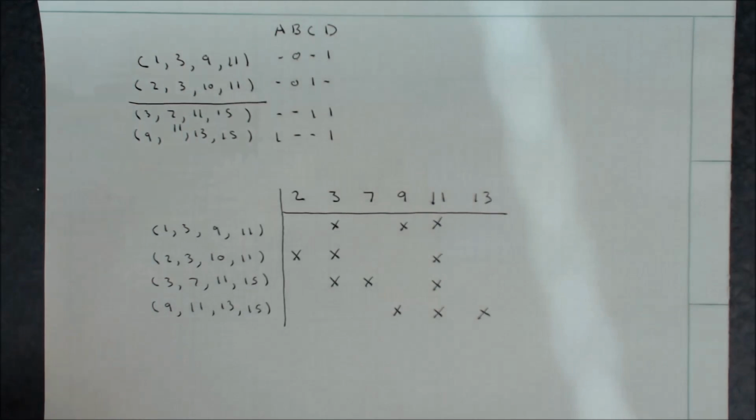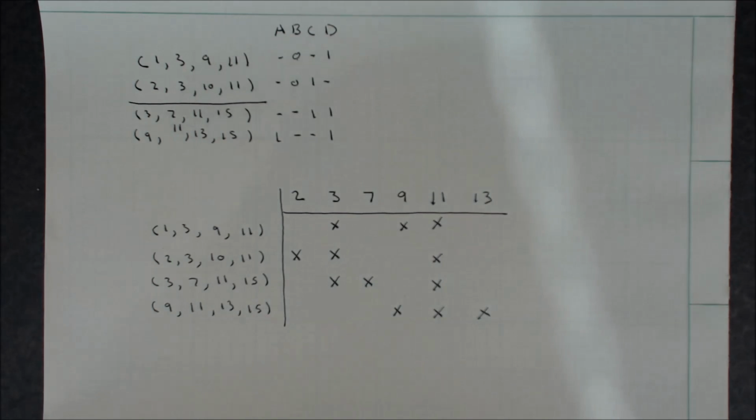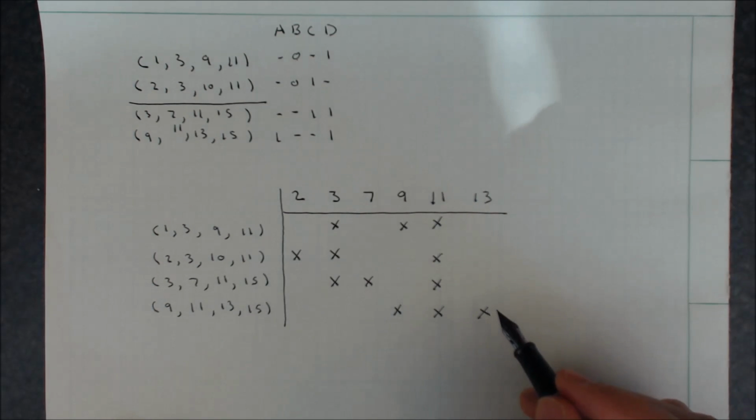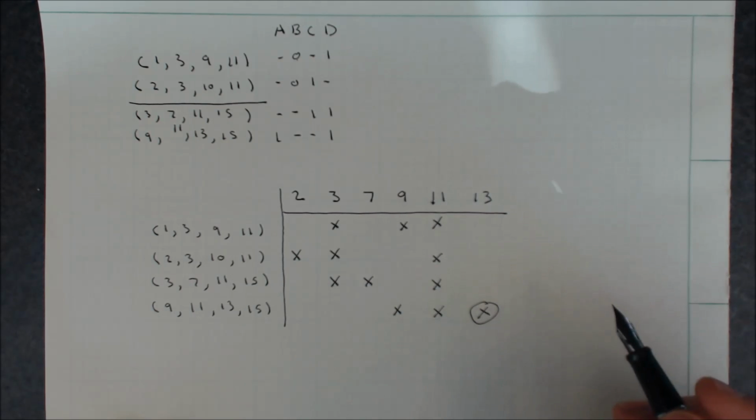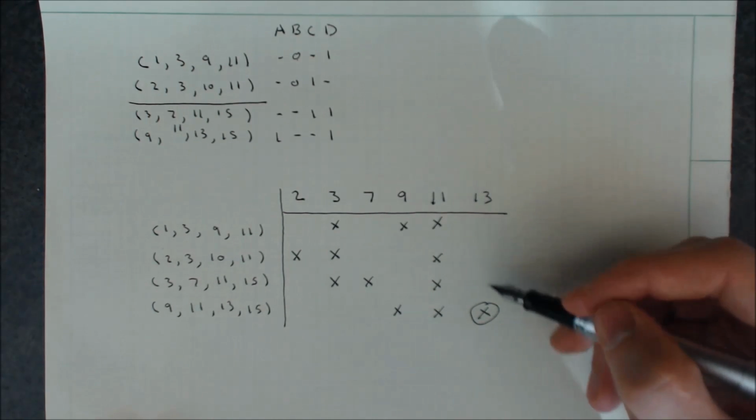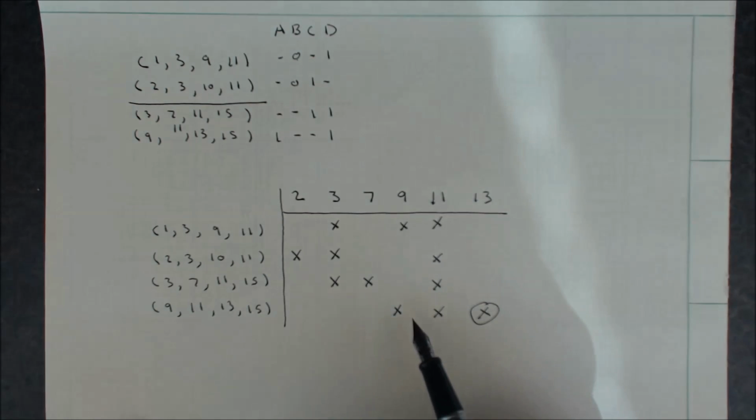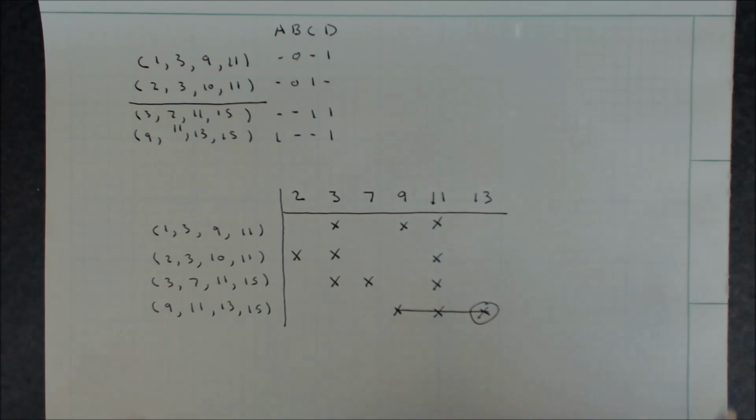So the next step is to look at where we have prime implicants, or entire columns where we only have one X. In this case, we can see a prime implicant right here. This is not covered by any other terms in that row. So we know that we're going to have to draw a line through that prime implicant.